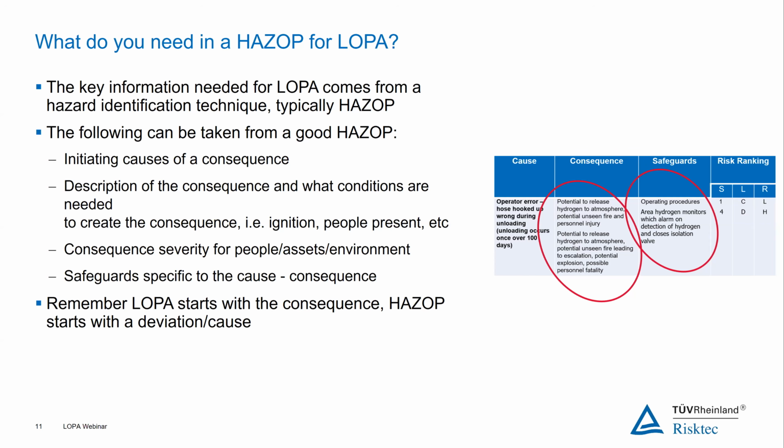So essentially, your LOPA starts at the consequence. It'll have some input from the cause, but realistically, it starts at the consequence, whereas your HAZOP or hazard identification study will start right at the beginning with the cause or the deviation if you're using guide words.